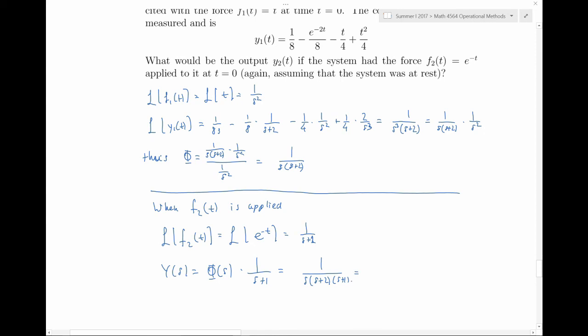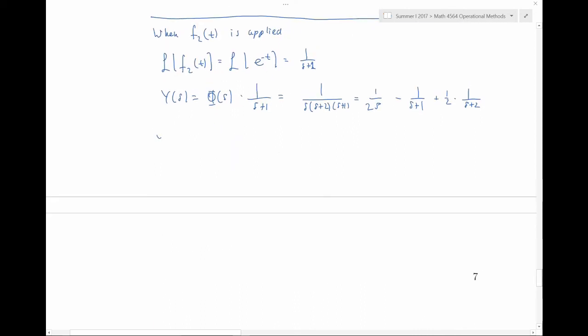which has a very simple partial fraction decomposition: 1 over 2s minus 1 over s plus 1 plus 1 half times 1 over s plus 2. Therefore, y of t, which is the inverse Laplace transform of y of s, is simply 1 half of the Heaviside function minus e to the minus t plus 1 half e to the minus 2t.